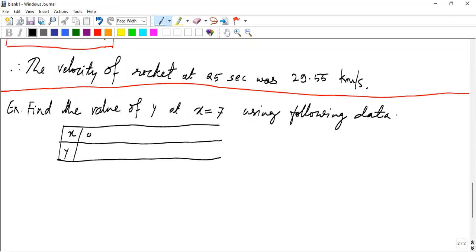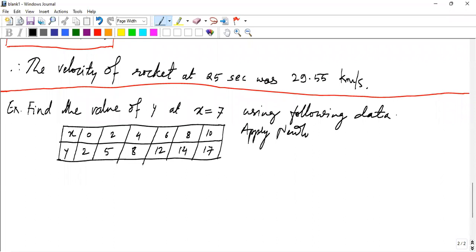So here we have x and y, by backward difference formula.